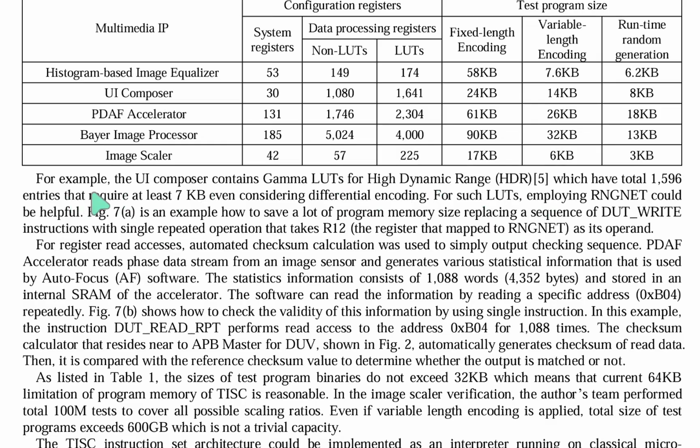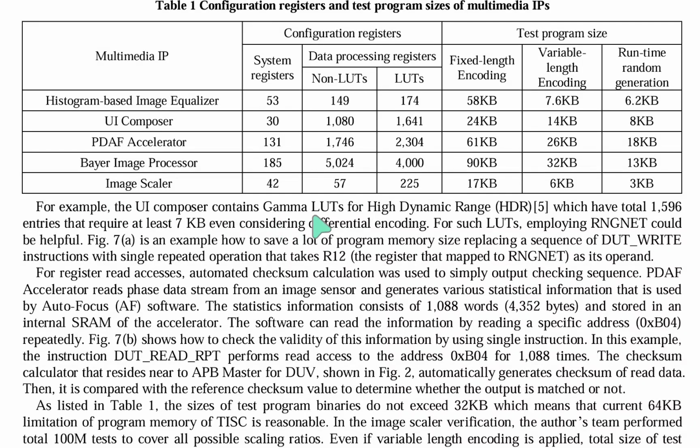For example, the UI composer contained gamma LUTs for high dynamic range, HDR, which have a total of 1,596 entries that require at least 7 KB, even considering differential encoding. For such LUTs, employing the RNGNet could be helpful.